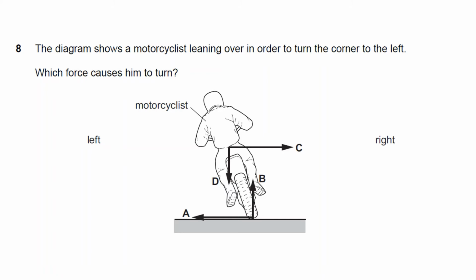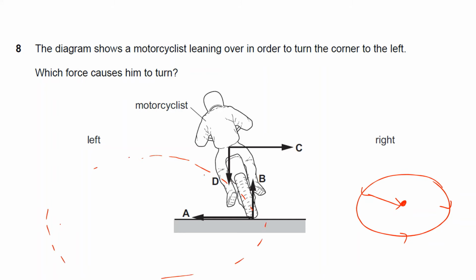Now, every single time you want to turn about a roundabout, or whenever you want to move in a circular motion, there's a force which always acts towards the center of the circle. It is known as the centripetal force. Not many people introduce this term in O levels, but you're taught that whenever there's circular motion, there's a force acting towards the center. So if this guy is trying to turn, it's going to be something like this, right? It's basically a circular motion.